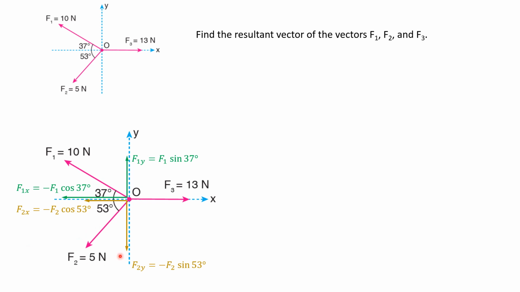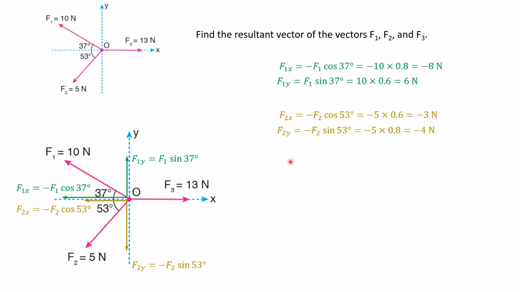Now, let's calculate the magnitude of the x and y components of these two vectors, f1 and f2. Since cosine 37 is 0.8 and sine 37 is 0.6 and f1 is 10, we get minus 8 newtons for the x component of f1 and 6 newtons for the y component of f1.